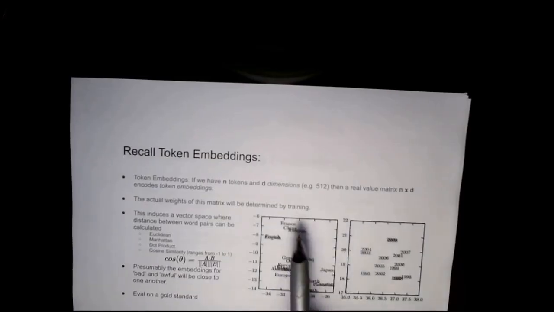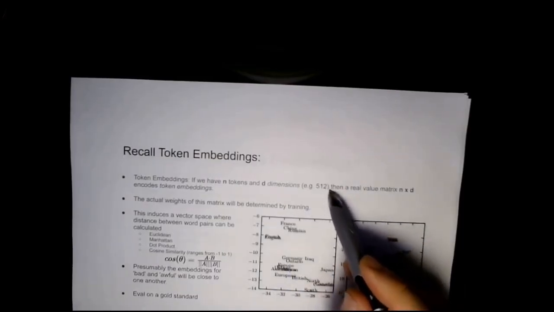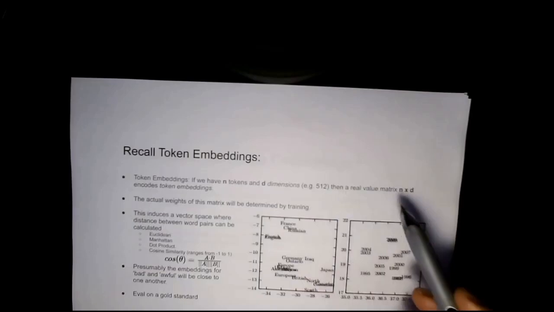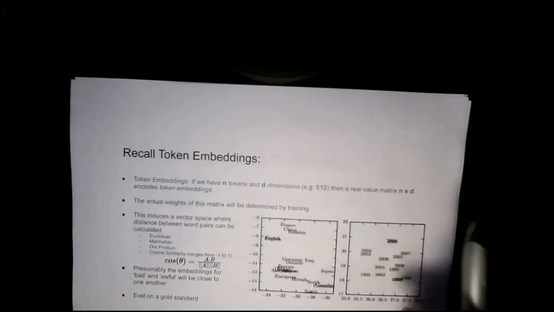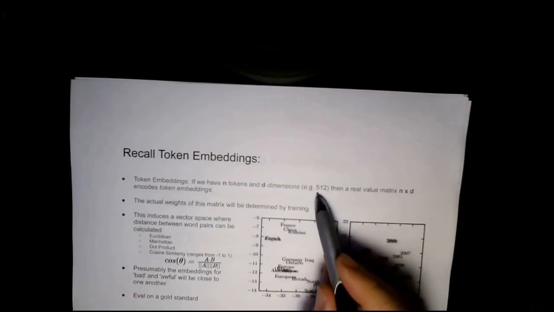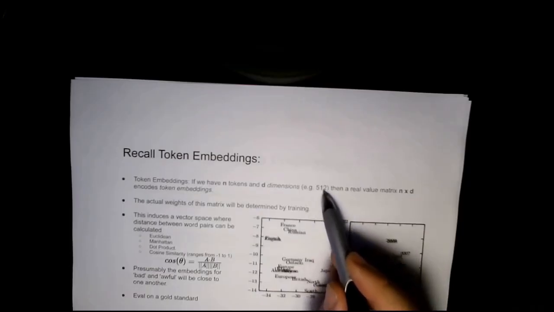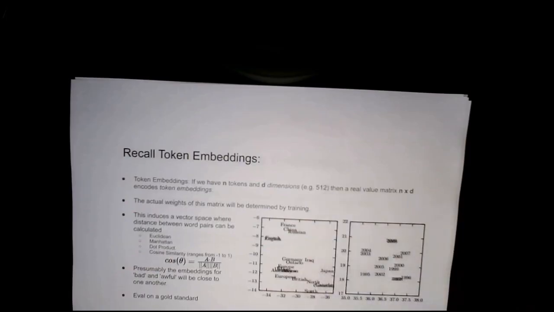So if we have 512 dimensions for each, if that winds up being our D size, that's how many real values we have for each token in that huge vector. Then there's a whole bunch of different distances we can use: Euclidean, which has a lot of square and square root terms, Manhattan distance, dot product, or cosine similarity.